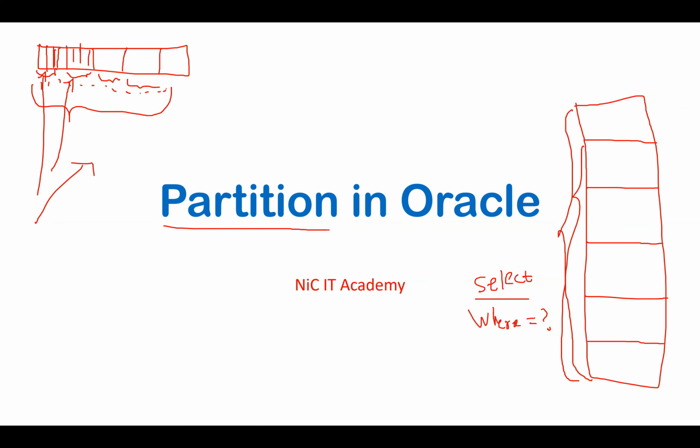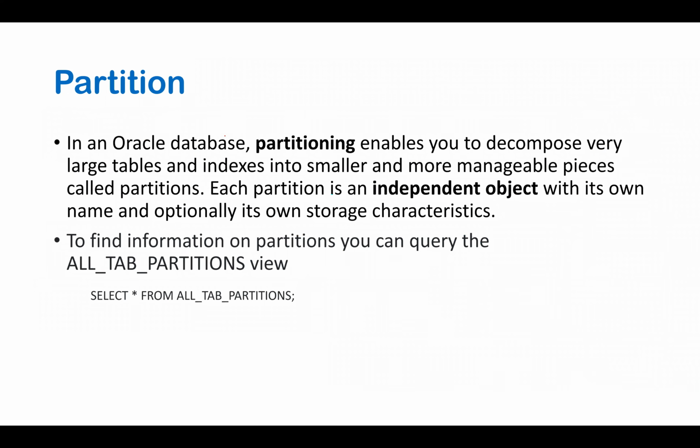You want these mobiles? Something like that, right? They will ask some questions and based on that, they will proceed. The same thing happens in partitions also. So partitioning is nothing but, in an Oracle database, partitioning enables you to decompose very large tables and indexes into smaller and more manageable pieces called partitions.